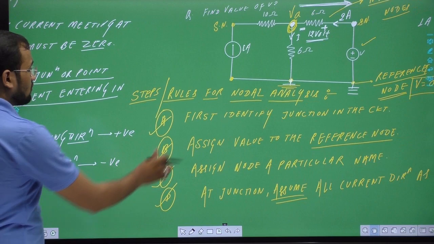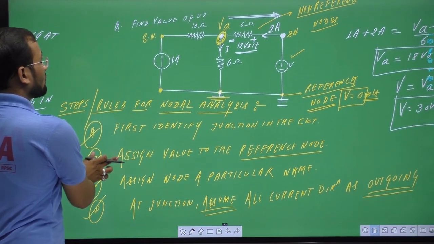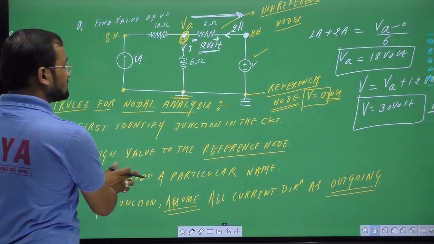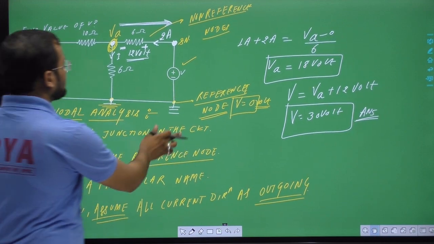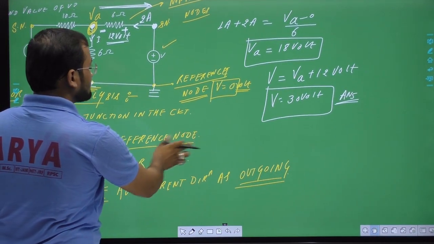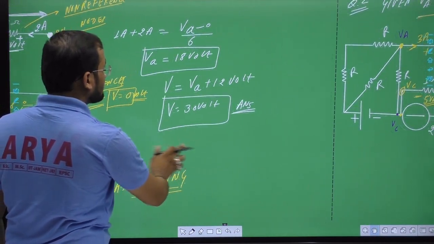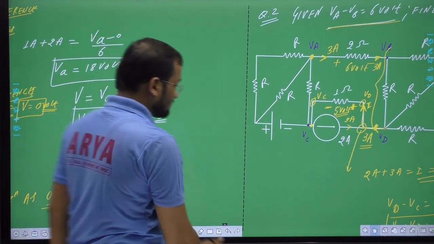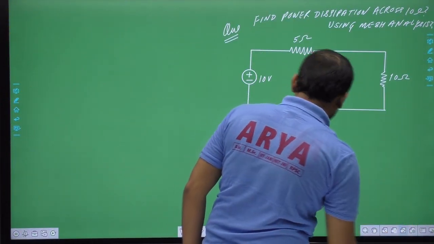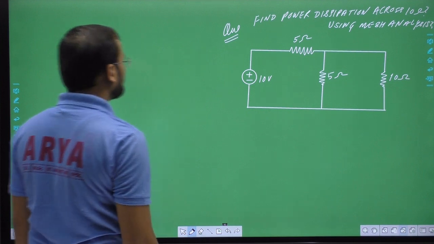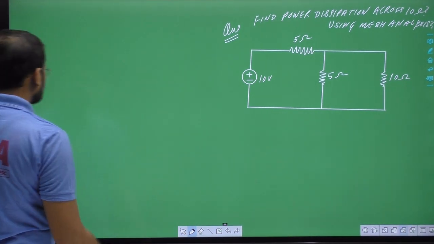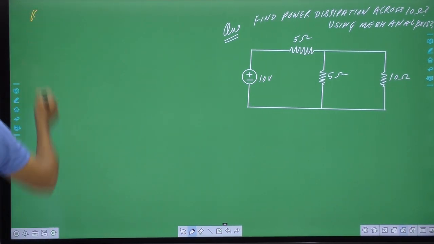I will do more problems on nodal analysis in upcoming lectures. Now I am ending nodal analysis here, and we'll go for our next topic. Next topic is Kirchhoff voltage law.